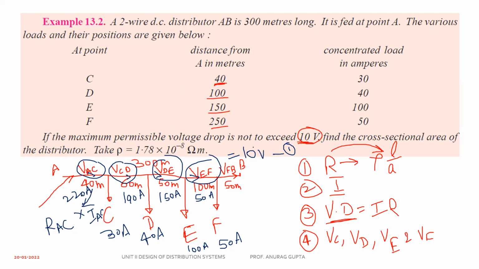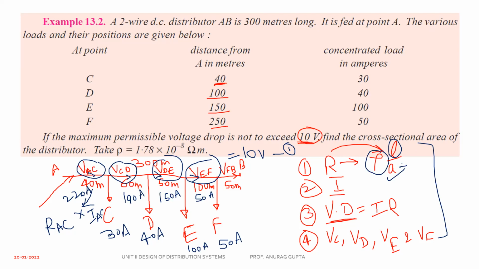Are you getting my point? How can we solve this numerical? Okay, now I'm going for the solution. Have you got the steps, how will you solve? First of all, I'm finding resistance in terms of A with the help of the length that is given in meters, and rho that is given in ohm meter.